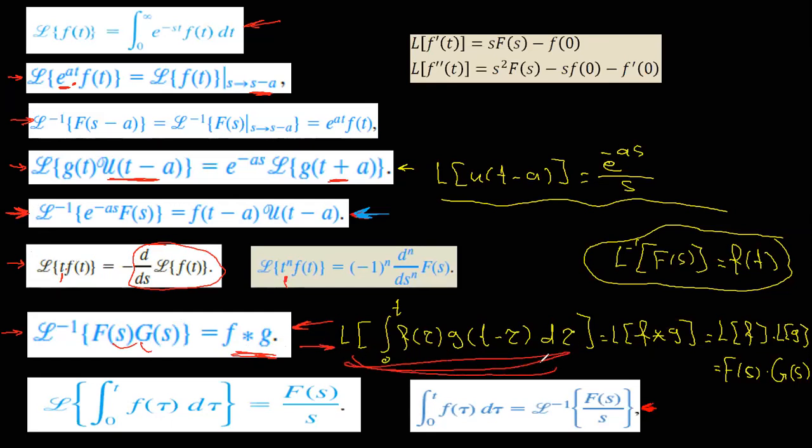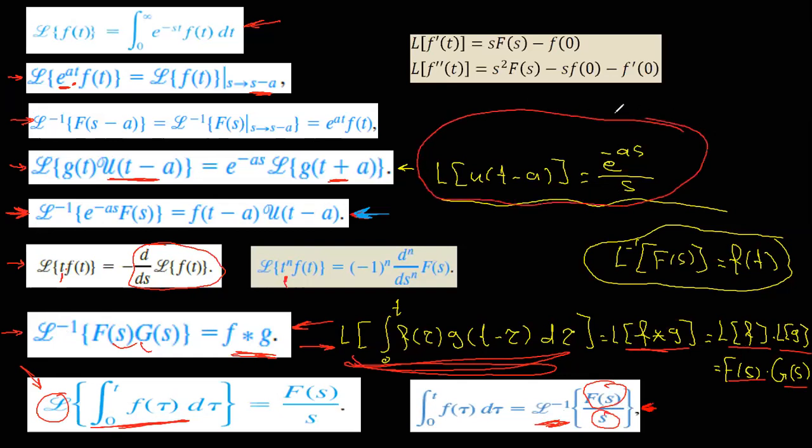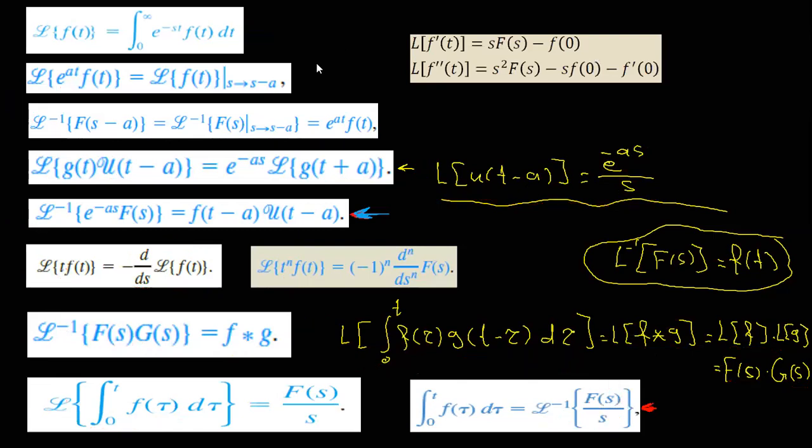My convolution between two functions is given to be the Laplace of the first times the Laplace of the second. From this rule, we can find the Laplace transform of any integral. And from this one, we can find the Laplace inverse of the function divided by s. Don't forget the rule of the Laplace transform of the unit step function. This one also is very important. I need all those rules for the final exam, okay?